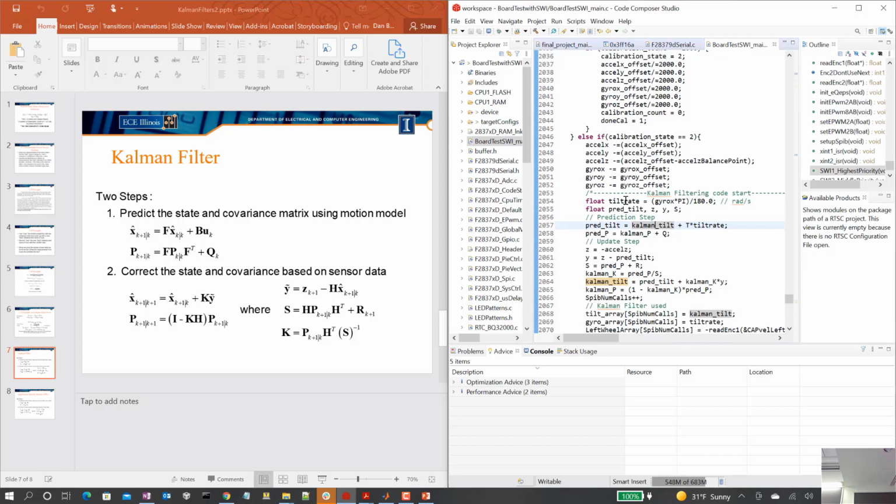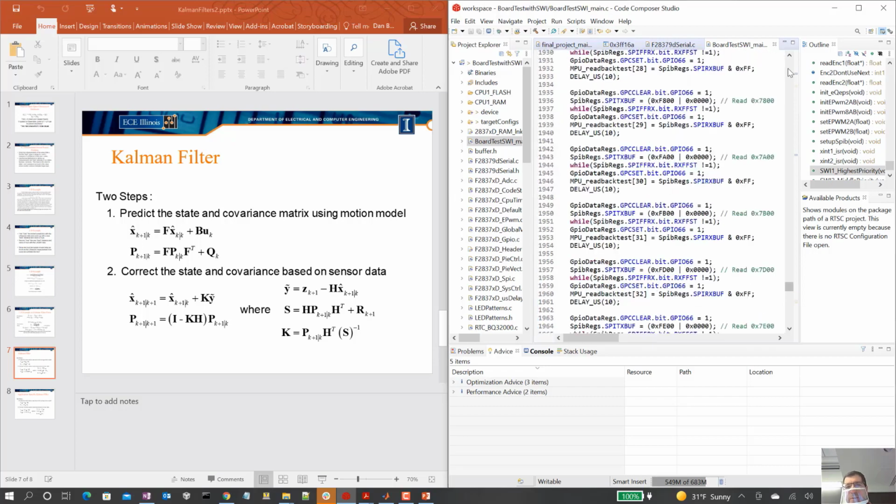Now, of course, in this case, it's just a scalar. So I just need to know what's the difference between Q and R here. And you'll find that I think I use Q as 0.01 and R is 25,000. Works well. Now, there's other numbers that work.